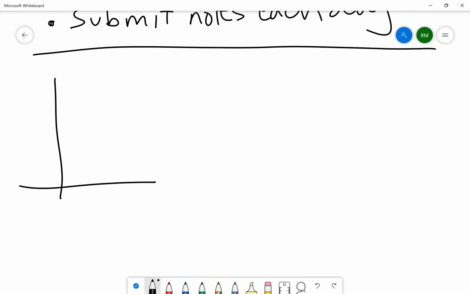Here it is. Here's my function f. And here is the point c. So this is the point c comma f of c. All right, how do we approximate it by a polynomial?